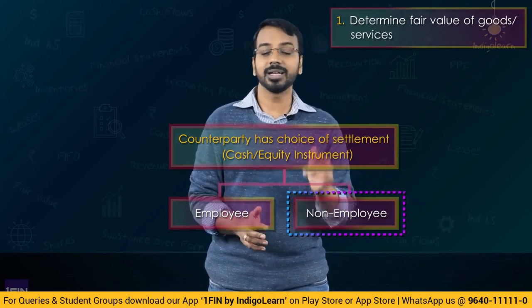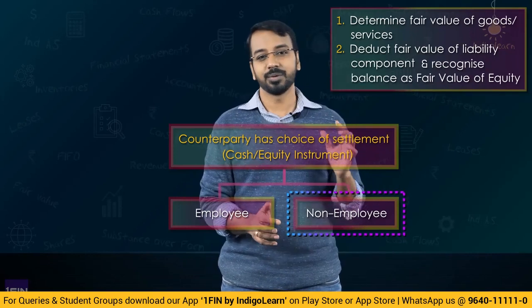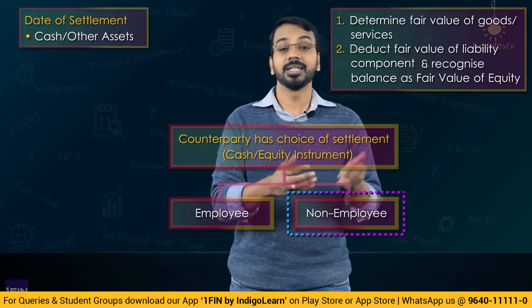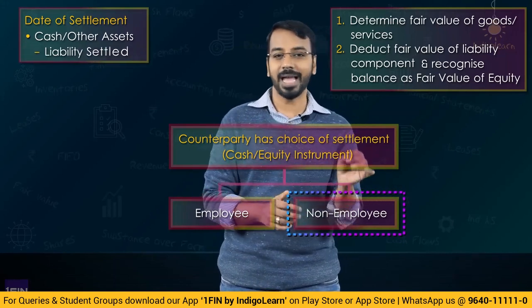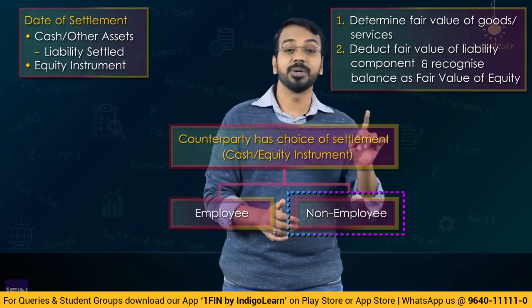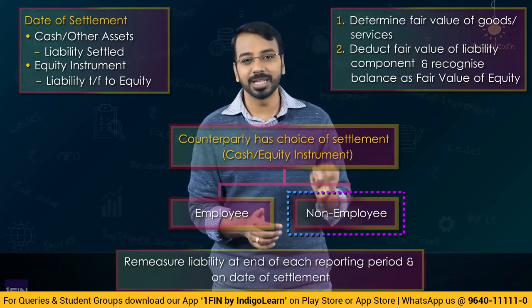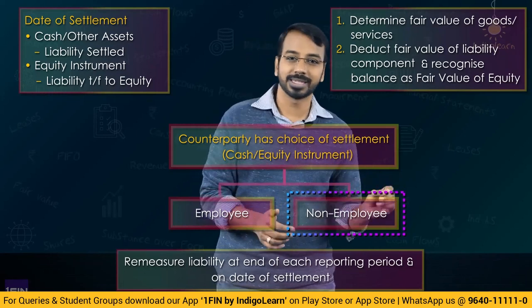From that you will deduct the fair value of the liability component and the balance will be recognized in equity. Even here on the date of settlement, if cash is taken, then the liability will be exhausted by paying cash or transferring other assets. If equity is issued, then the liability will be transferred to equity. Even here for the liability part, you will do a remeasurement at the end of each reporting period and on the date of settlement, right?